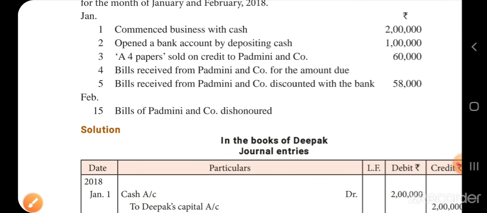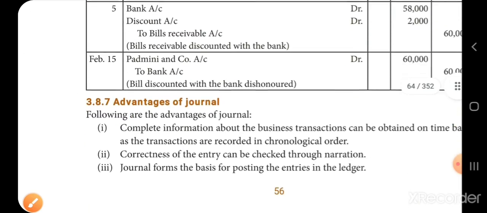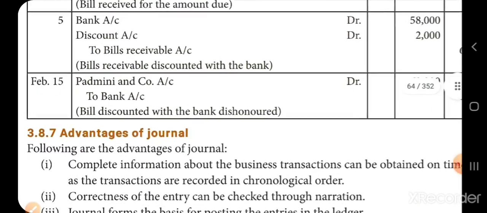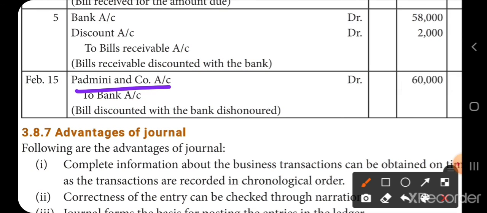It is just the opposite entry for accepting the money, honoring the bill. So Padmini account debtor to bank 60,000, the full amount, not 58,000. 60,000 they have to collect from Padmini. When they dishonor the bill, just give a reverse entry, Padmini account debtor to bank.